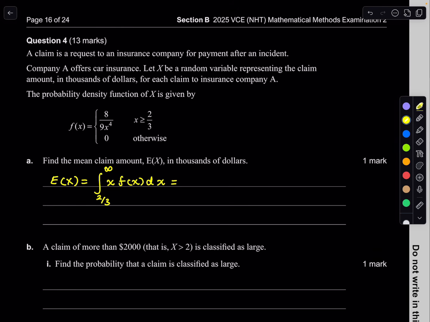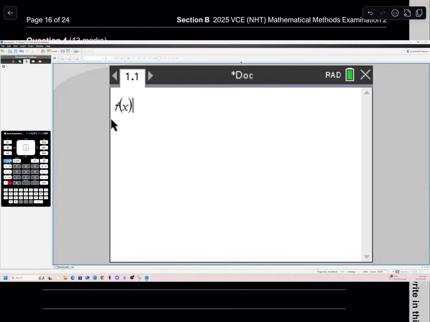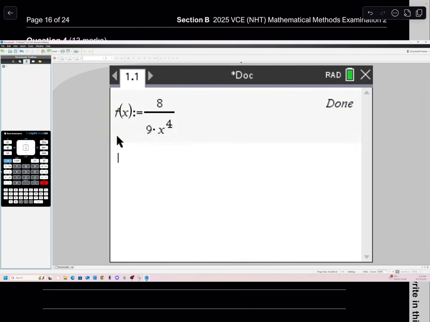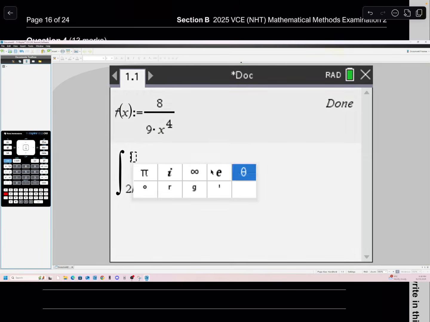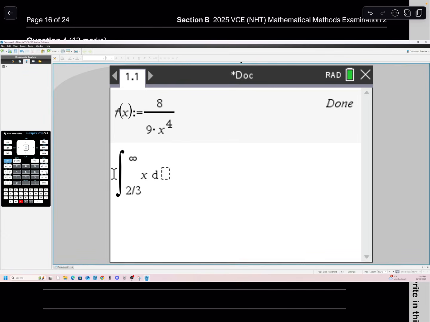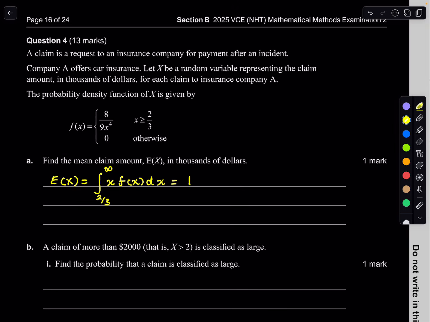So let's control N, add calculator, and define f of x as 8 over 9 x to the power of 4. Where we know that the expected value is the integral from 2 over 3 to infinity of x times f of x dx, which gives us 1. So the answer is 1, in thousands of dollars. Beautiful. That looks correct.